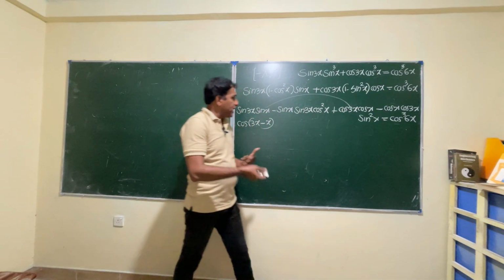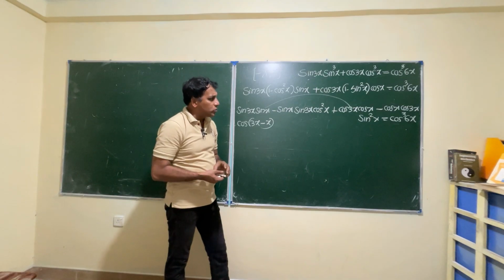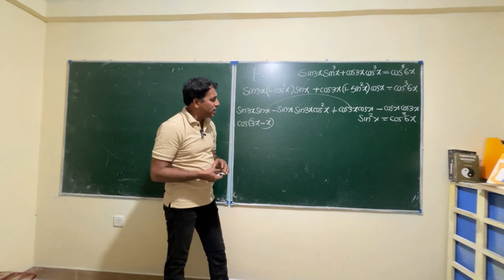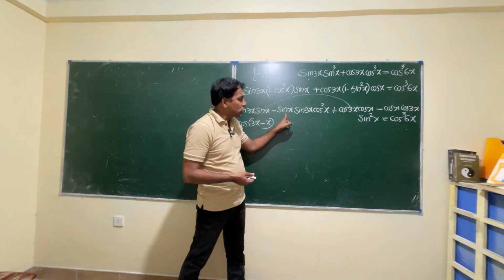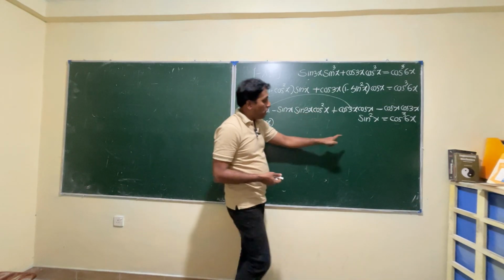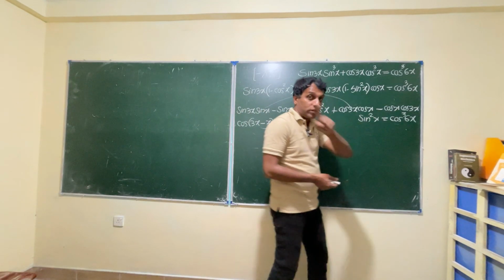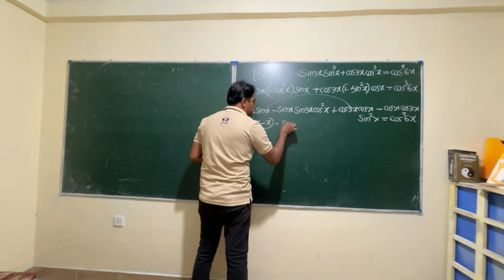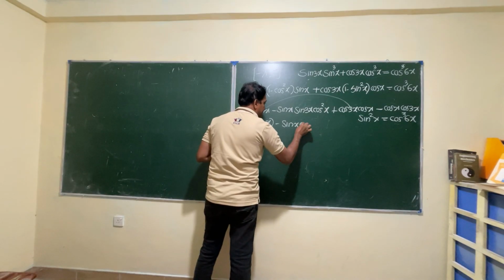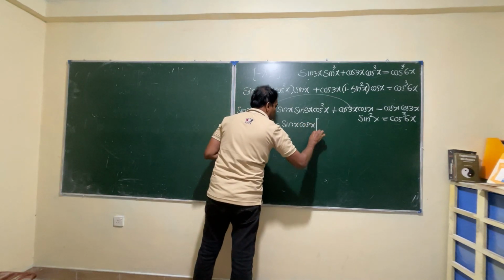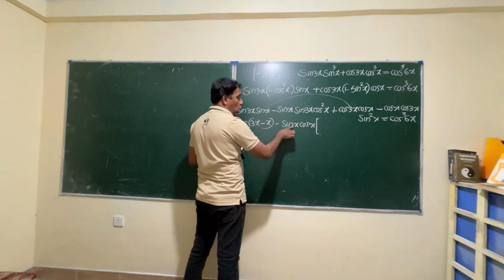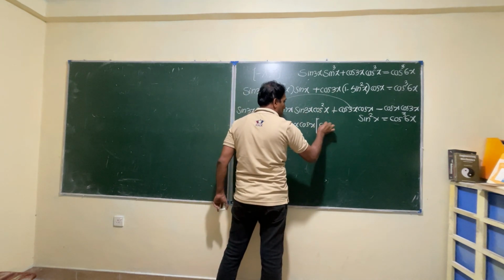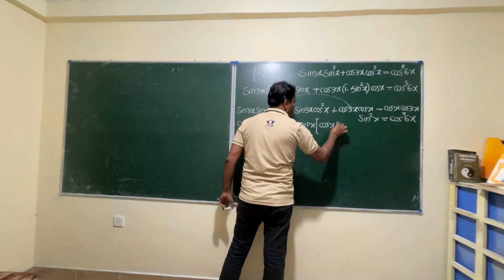Next, we take some common part outside: cos square, sin square. Here sin x cos x can be taken, here also sin x cos x. Take the minus sign, minus sin x cos x. So write the rest of the part. Sin x out, cos square x, one cos out, sin 3x, cos x sin 3x.